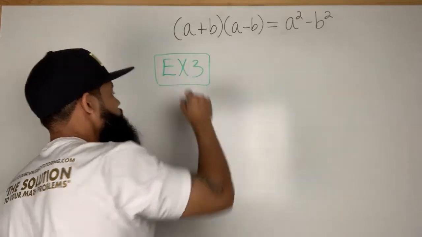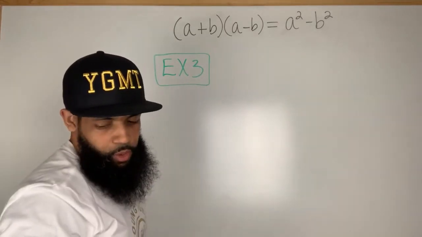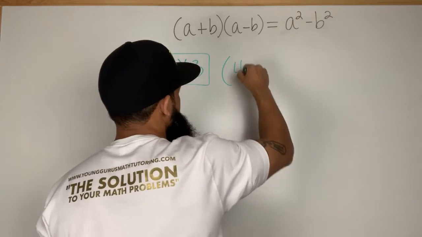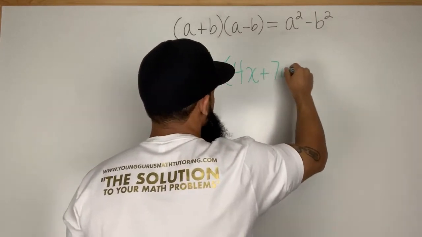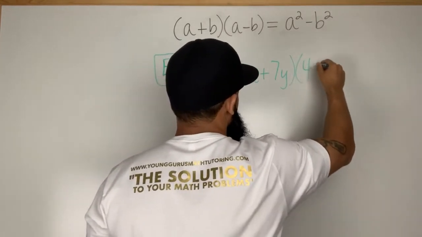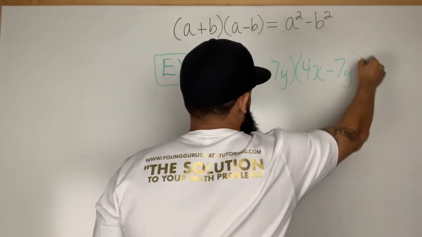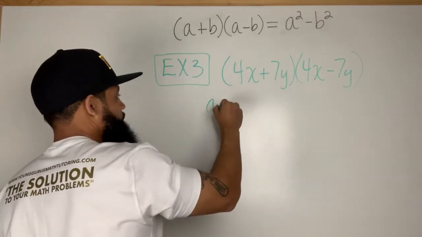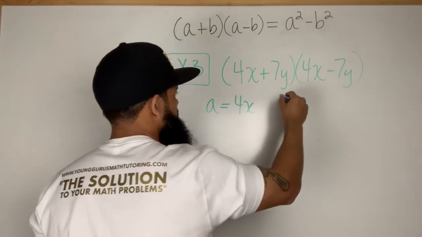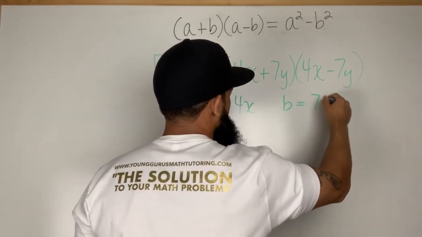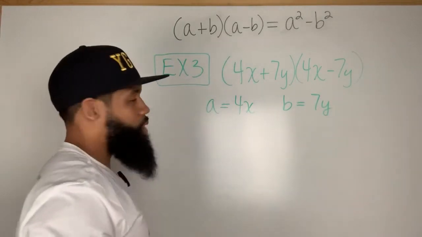Example 3, 4x plus 7y, and then naturally 4x minus 7y. Okay, in this case, a is 4x and b is 7y.